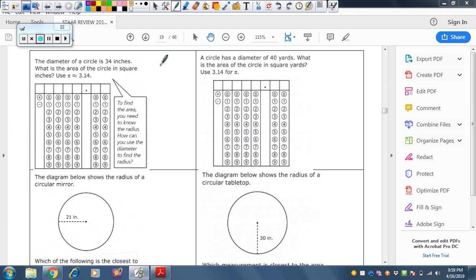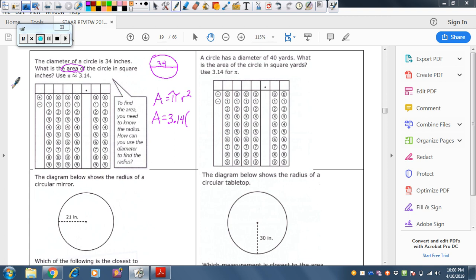Again, no picture. Diameter of a circle is 34 inches. So you are going to have to draw the picture of the circle. That might save you a mistake where it says the area. You're going to have to use 3.14 because it's a griddable. The diameter is 34.